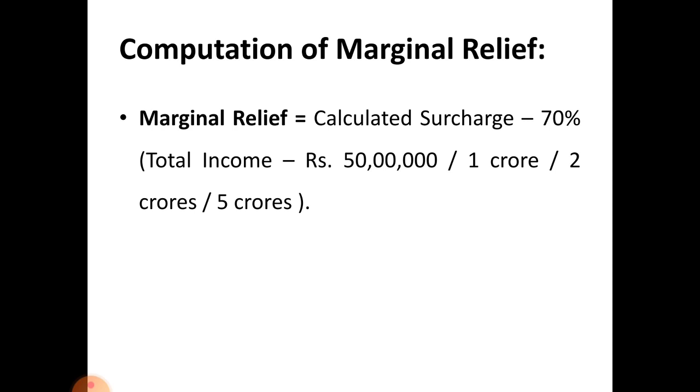If the total income is above 1 crore and below 2 crores, total income minus 1 crore, like that. For example, if the total income is 51 lakhs minus 50 lakhs, that is 70% of 1 lakh should be deducted from calculated surcharge. Let us solve one problem so you can understand it better.